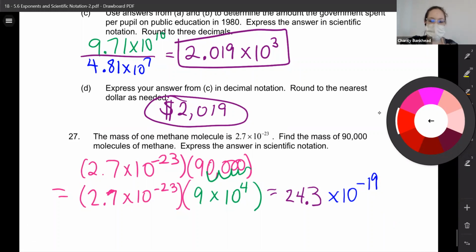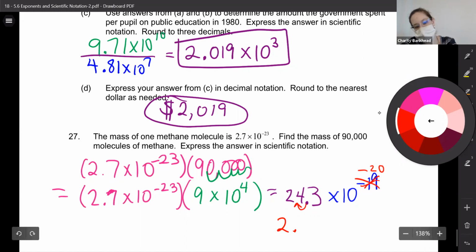I have to move the decimal point to the left. So that means I would be making that a negative 20, right? Yeah, so 2.43 times 10 to the negative 20.